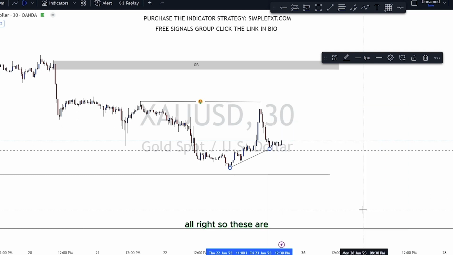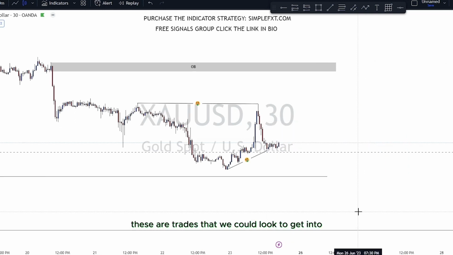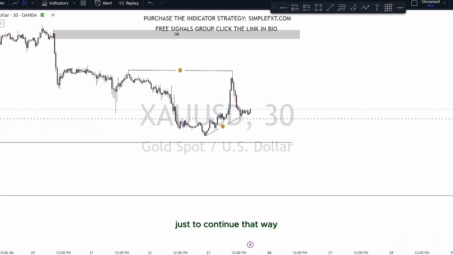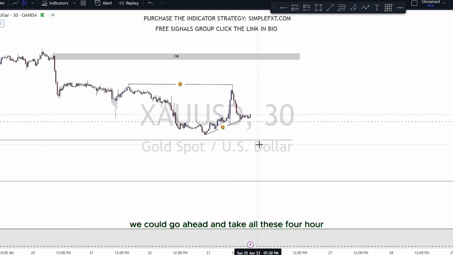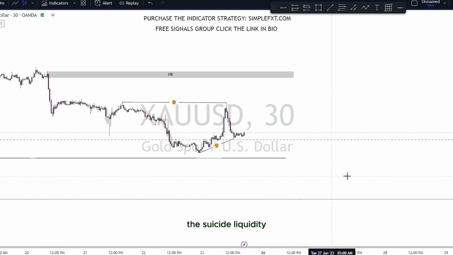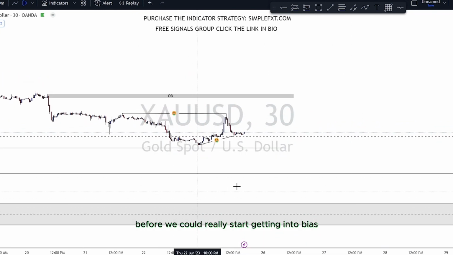All right, so these are trades that we could look to get into probably Monday, Tuesday, right before midweek comes, just to continue. That way we could go ahead and take out these 4 hour and daily lows, the sell side liquidity, before we could really start getting into buys.